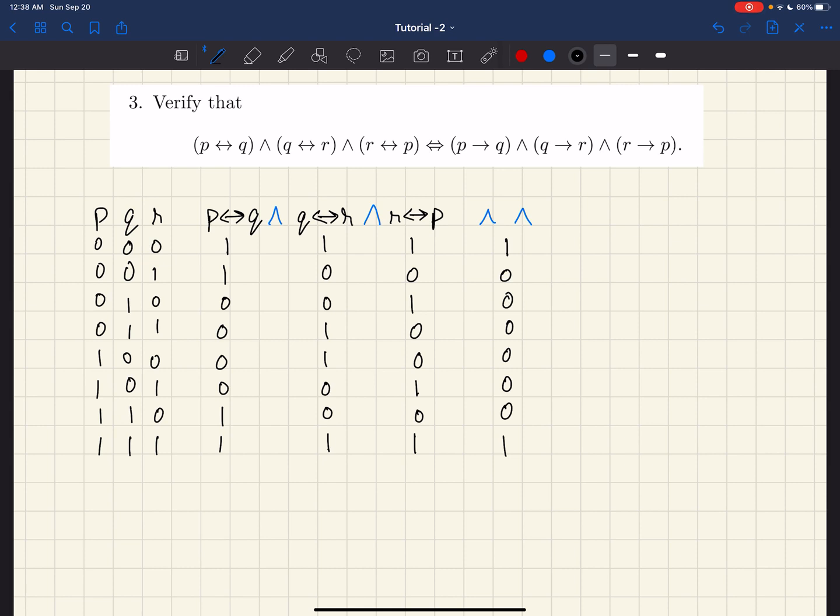So this is our outcome for the left hand side of this logical equivalence.